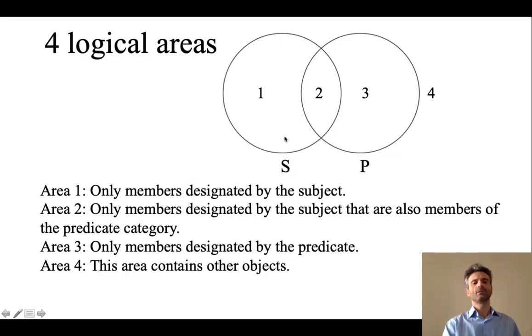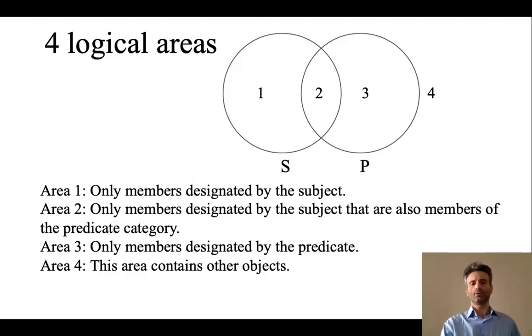It looks like an apple that someone took a bite out of. Logical area 1 contains, again, let's go with blonde people and beautiful things, only blonde people that are not beautiful.